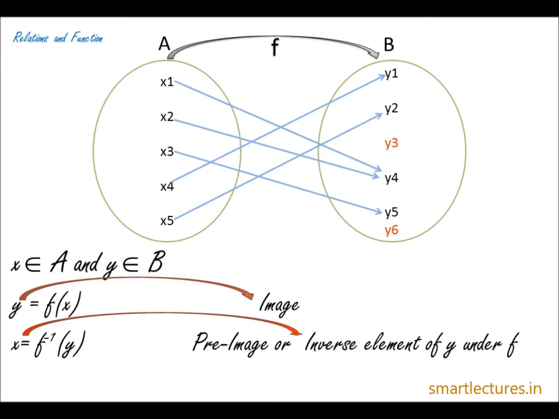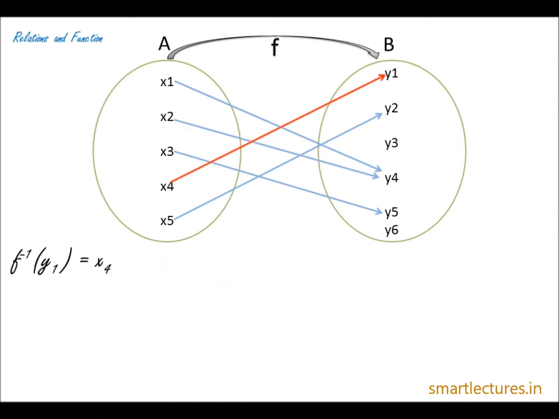Now to make it more clear, let's find out the inverse element of each element in set B. Now f inverse y1 is equal to, as y1 is the image of x4, so f inverse y1 is equal to x4.